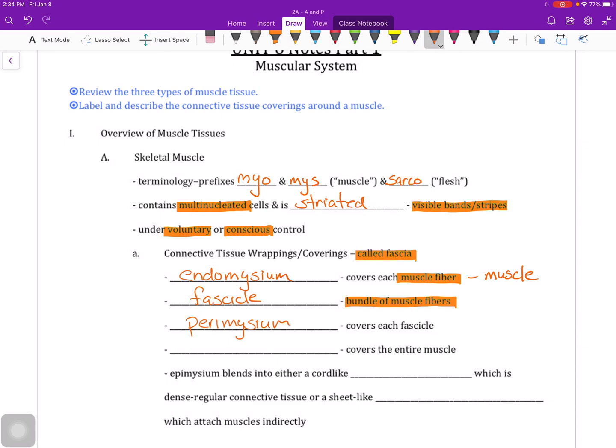Again, we want to remember that we're using our medical terminology, and we remember that the word peri means around. The entire muscle is covered by the epimysium, and we remember that epi means on or above.